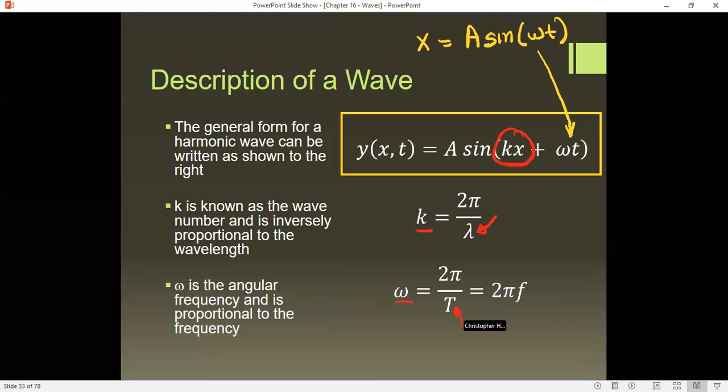If period represents the time it takes for one oscillation to take place, lambda represents the distance for one oscillation to take place. So k is sort of the analogy in position of what omega is to time.